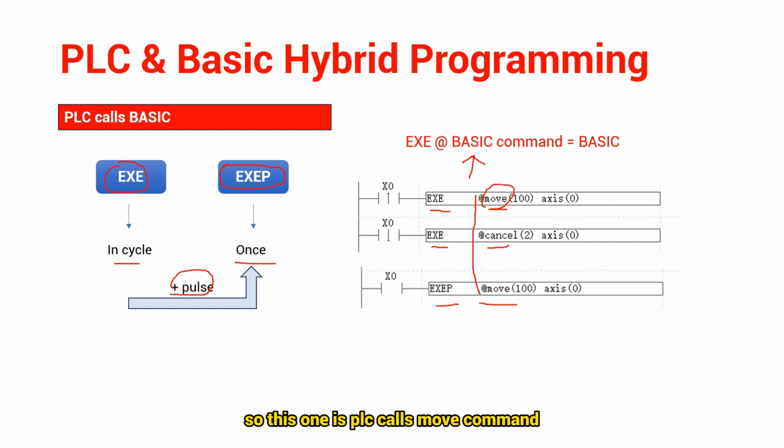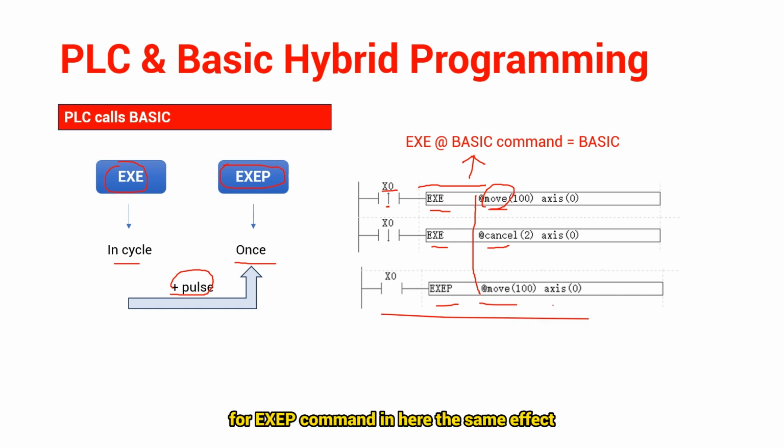So this kind of writing method, EXE add basic command. So this one is PLC calls move command. Move in BASIC means linear interpolation function. When x0 is in rising edge, that is, when x0 becomes on from off, trigger to execute the move runs.